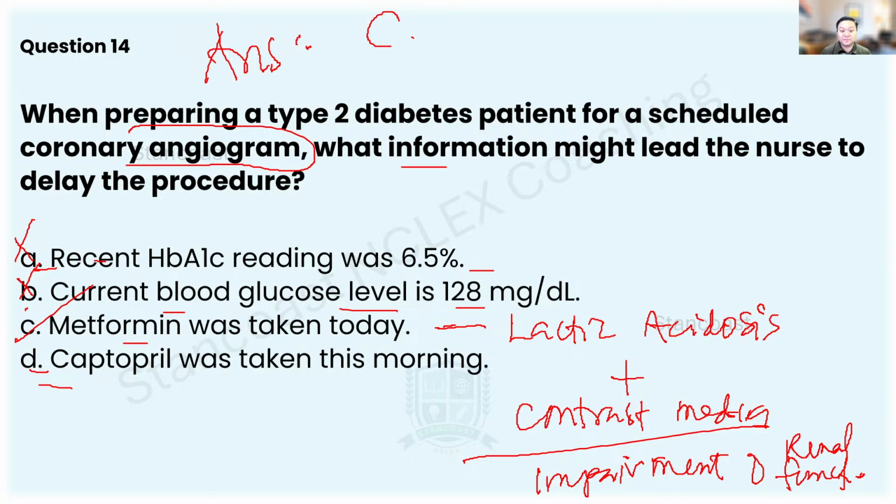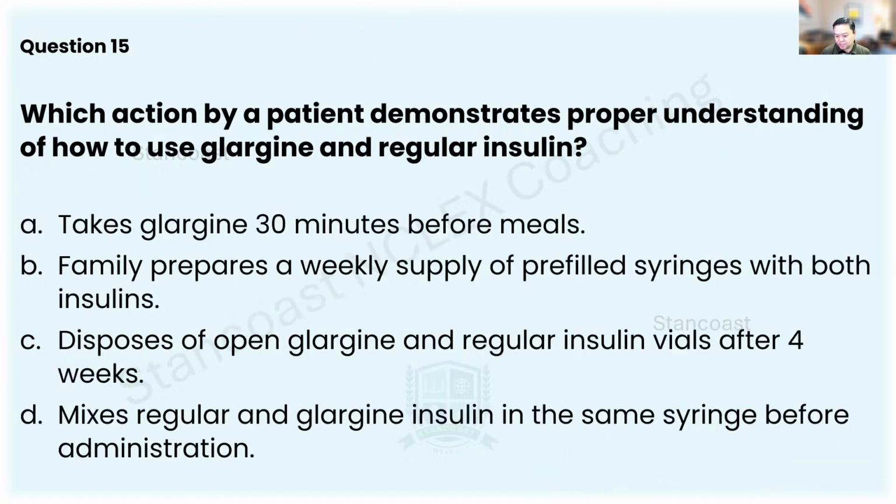Let's have number 15. We're almost through. Which action by a patient demonstrates proper understanding of how to use glargine and regular insulin? Is it A, takes glargine 30 minutes before meals? Or B, family prepares a weekly supply of pre-filled syringes with both insulins?